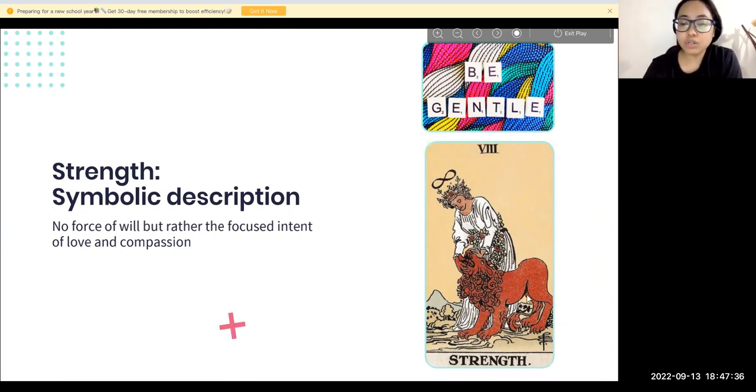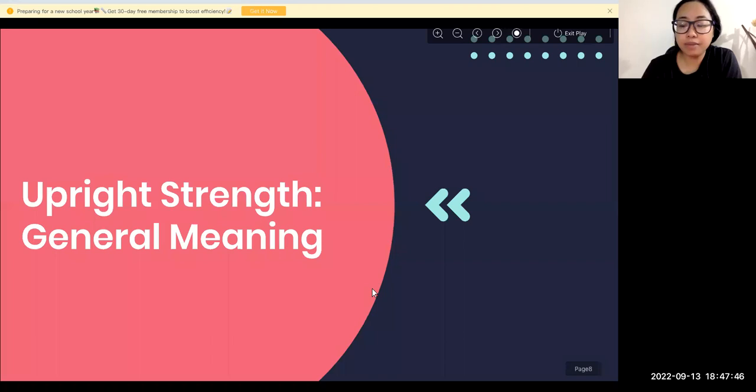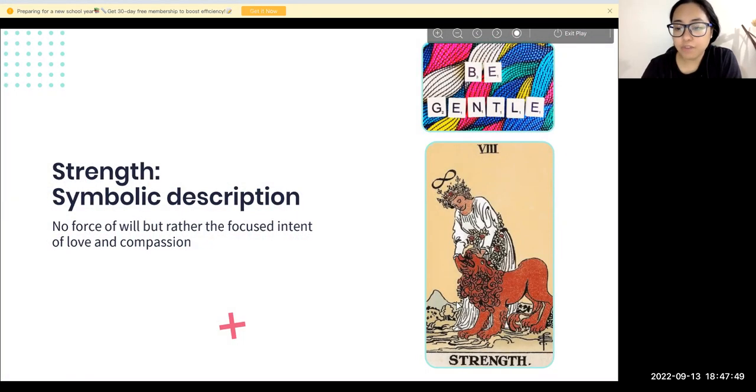And you can see such a powerful lion got tamed by her. So there is no force happening in this. There is only love and compassion she is giving. But if you see far away, there is a mountain, which signifies trouble or problem or blockages. And she has gone through everything of that, right?